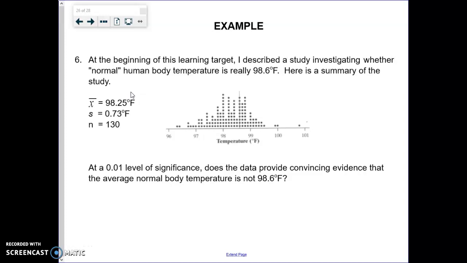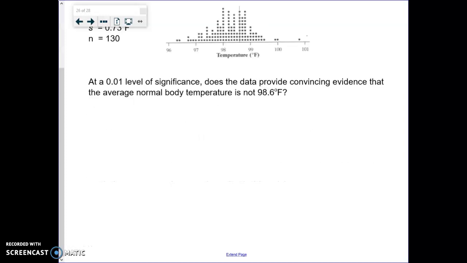All right, so parts A and B, we are talking about an average, so we are looking at a population mean. Our null and alternative hypotheses: the null hypothesis is that the average body temperature is 98.6 degrees Fahrenheit.